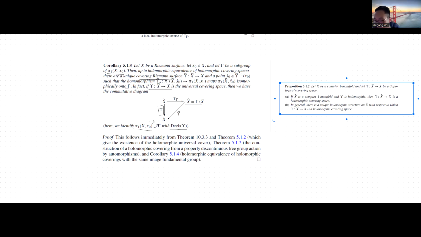So now we have our construction of the holomorphic universal covering space, X tilde.